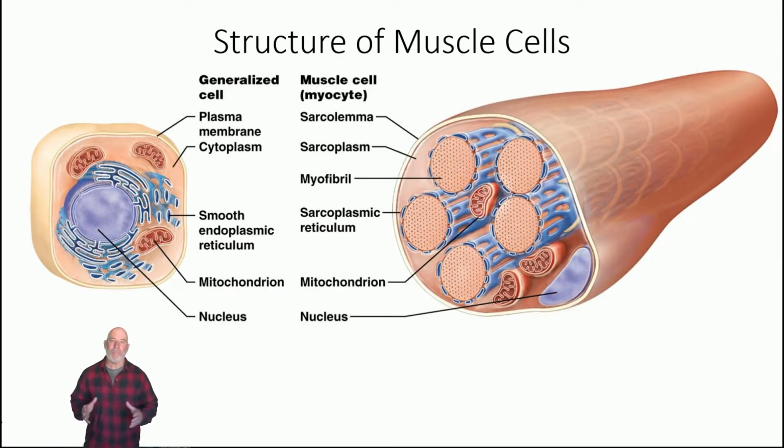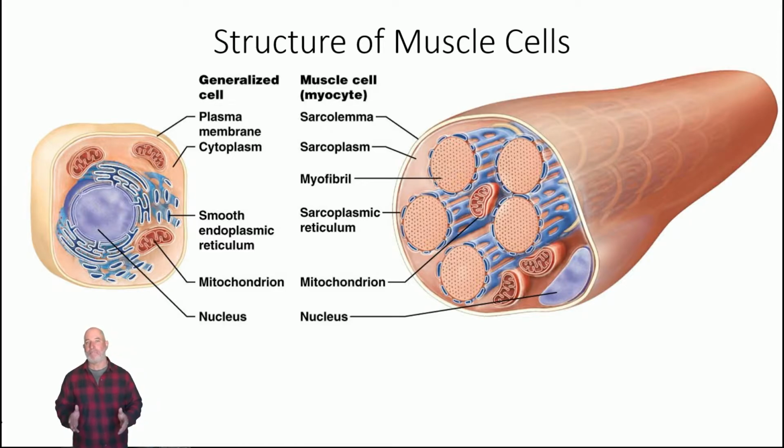Now, muscle cells have unique components, and in fact, we also label some of the components that are similar to other cells with different names to denote that they are a muscle cell. In a generalized cell, or all cells for that matter, they are surrounded by the plasma membrane. The phospholipid bilayer, the cell membrane, it doesn't matter, they're all the same things.